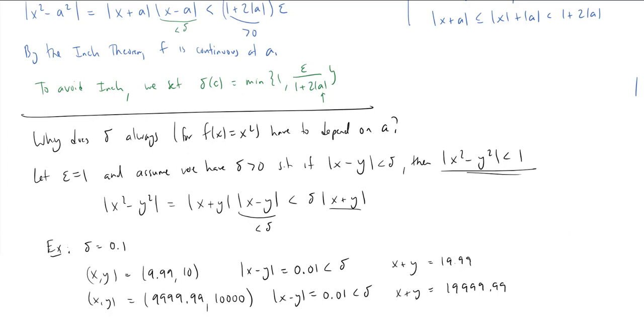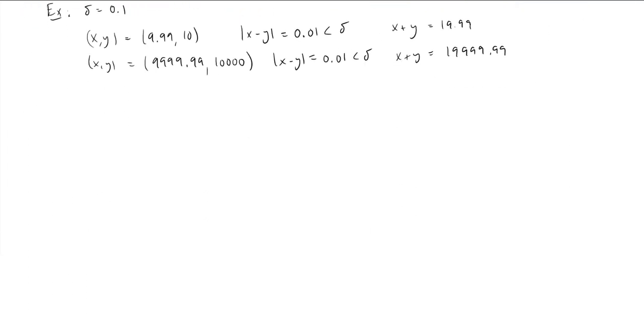So in fact, even if I just set this equal to delta, just to make things easy, and I look at the absolute value of x plus y, I know that there exists x and y such that the absolute value of x plus y times delta is greater than any real number.